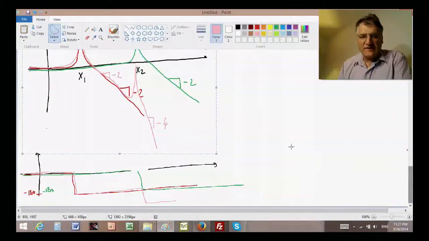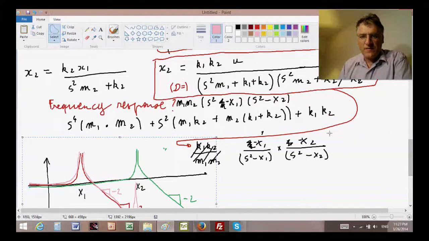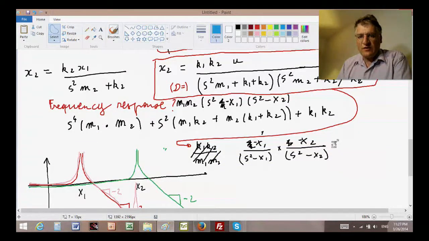In fact, I can write it as something along the lines of, if I add a term here, a blue term, times, sorry, the same thing: minus x1 divided by s squared minus x1, times minus x2 divided by s squared minus x2.